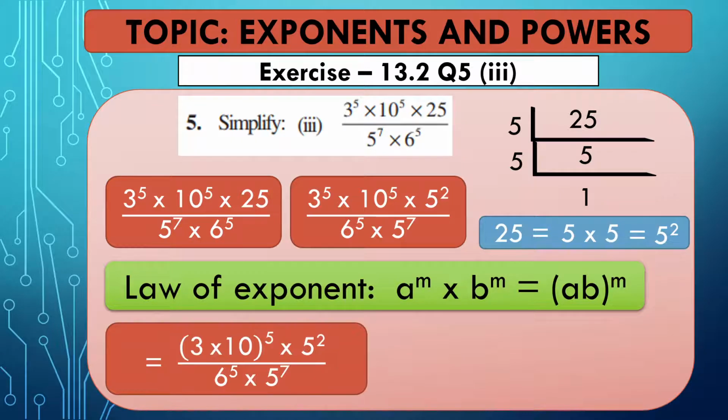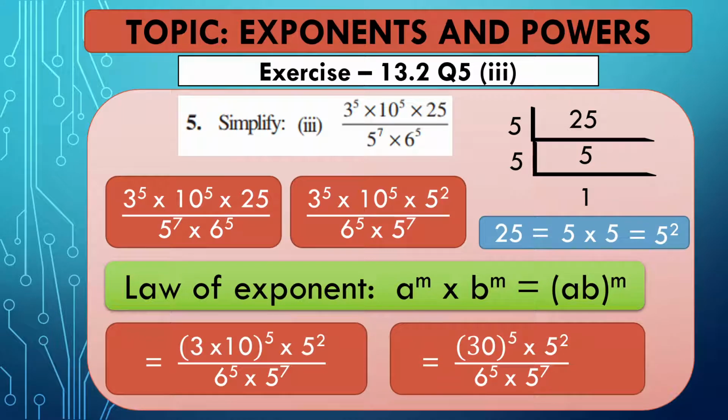Using this law, we will write 3 to the power of 5 into 10 to the power of 5 as 3 into 10 whole to the power of 5 into 5 to the power of 2 by 6 to the power of 5 into 5 to the power of 7. So expression becomes 30 to the power of 5 into 5 to the power of 2 by 6 to the power of 5 into 5 to the power of 7.